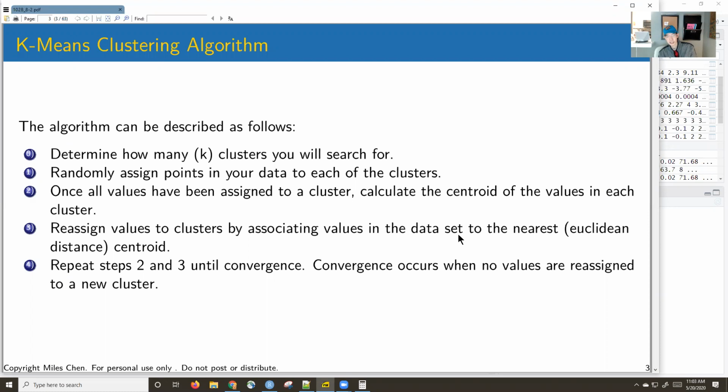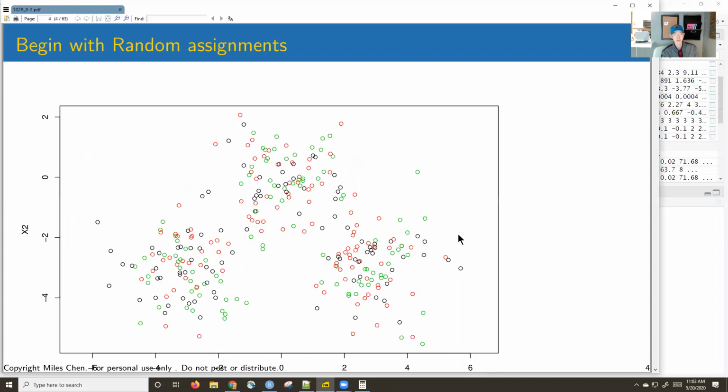After you calculate the centroids, you reassign the points by saying which one has the smallest Euclidean distance. And then you iterate back and forth. You reassign, recalculate the centroids, reassign the points, recalculate the centroids, and you keep going back and forth until you reach convergence.